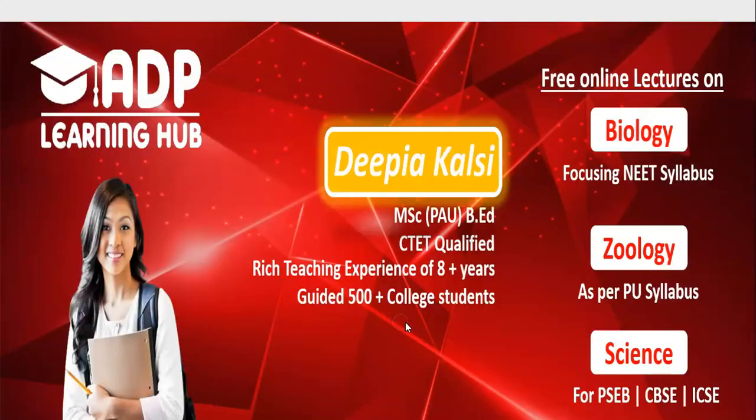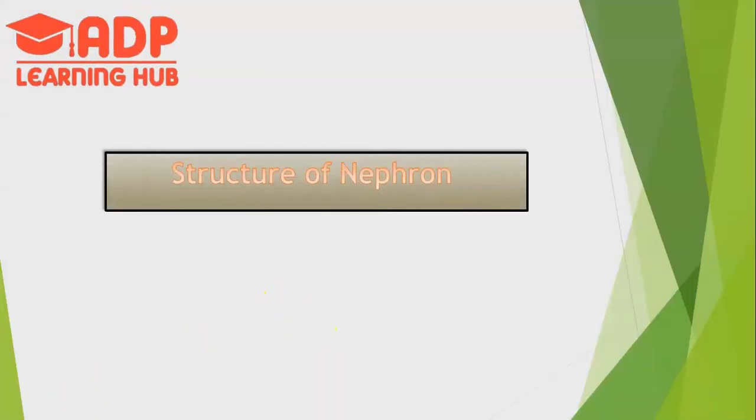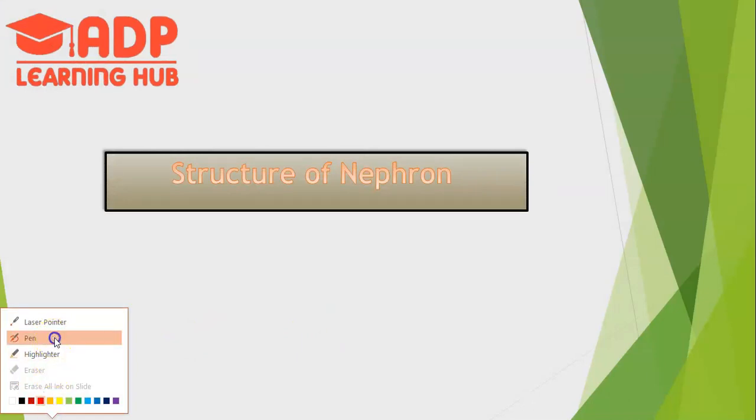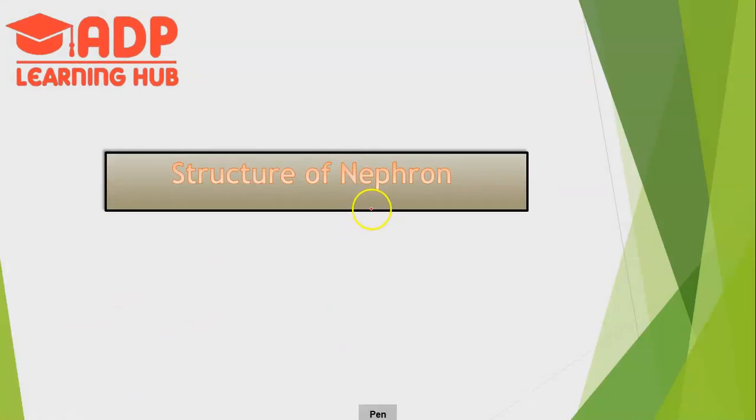So before proceeding to our lecture, I would like to start our topic from some basics. For basics, we have to know from where the nephron came, what are the functions of the nephrons, and which organ carries the nephron, and many more. So let's start.